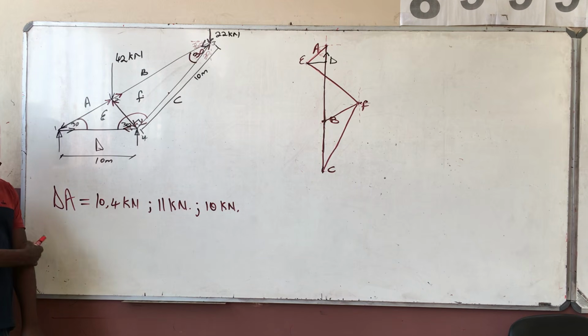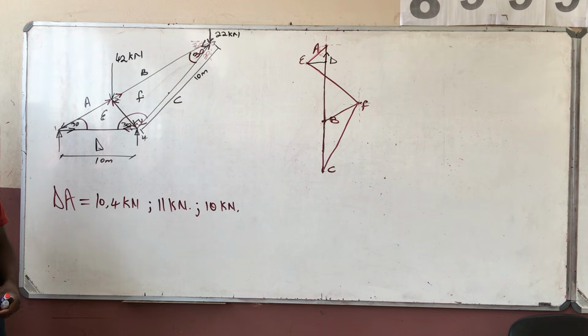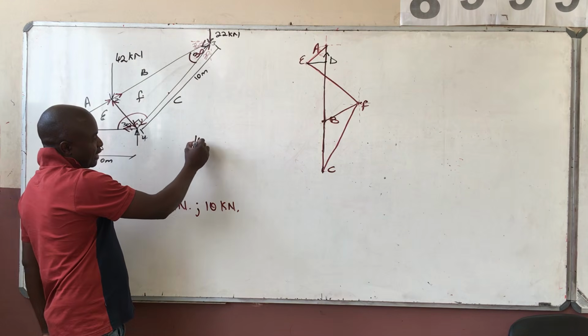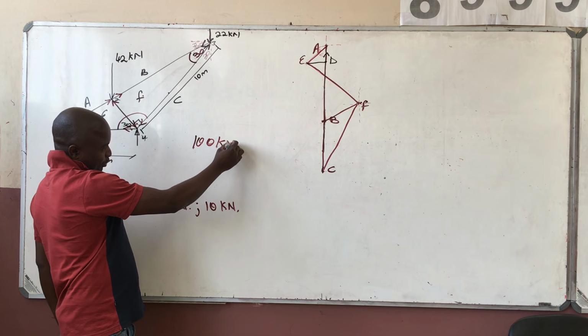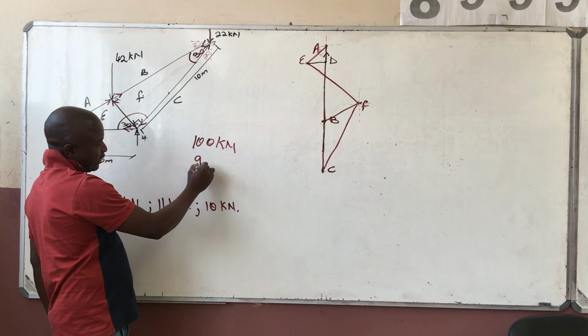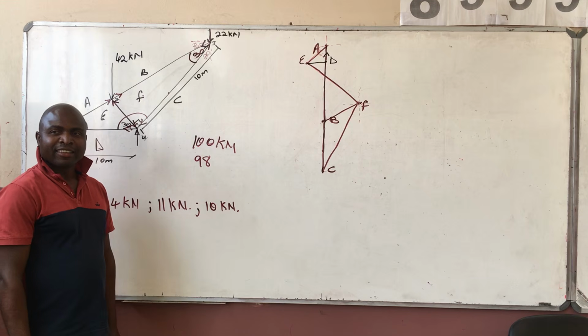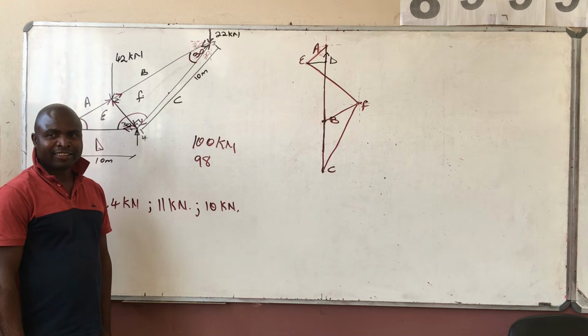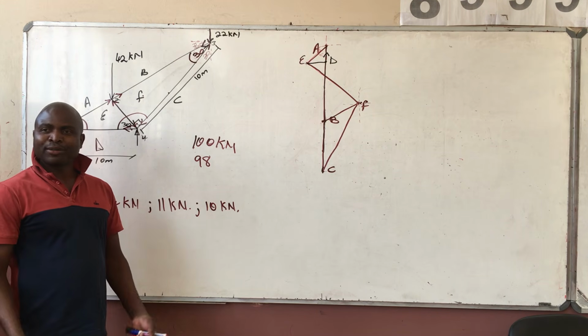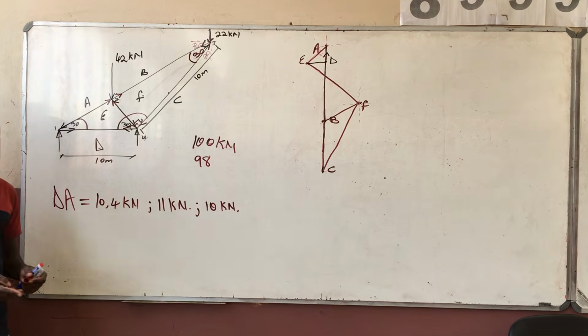Even if you got 9, it's still correct. But if you got 8... If you were having 100 kilonewton, then you get 98, that would be correct. I'm trying to say it depends on the value of the angle, the magnitude.